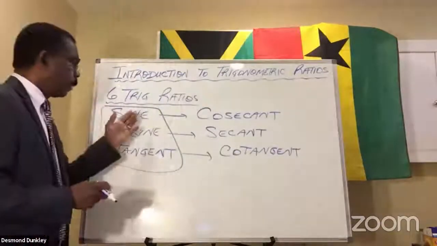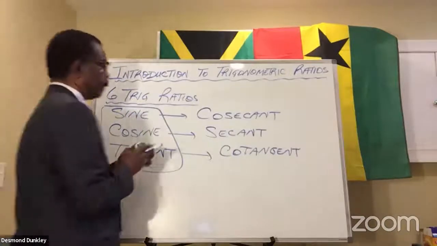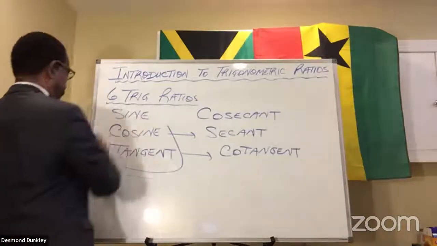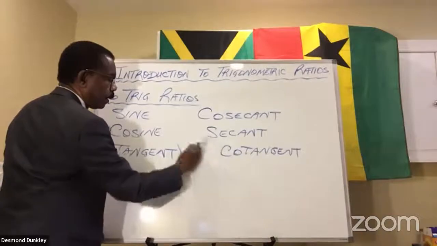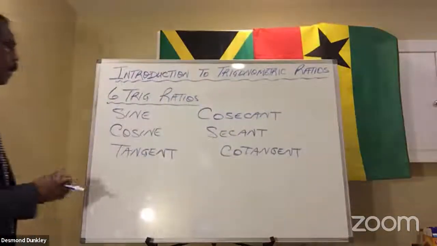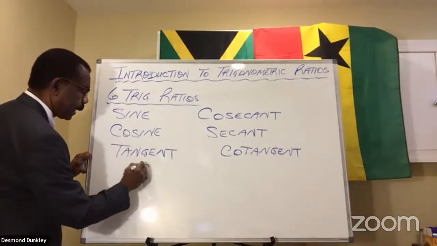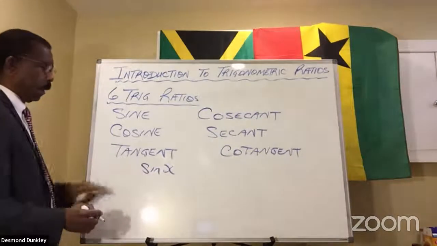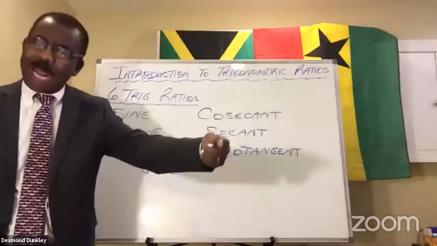Now, we have abbreviations for these functions. I'm laying the foundation. So you will see something like this. Sine of x is always of an angle, is a function with an angle.